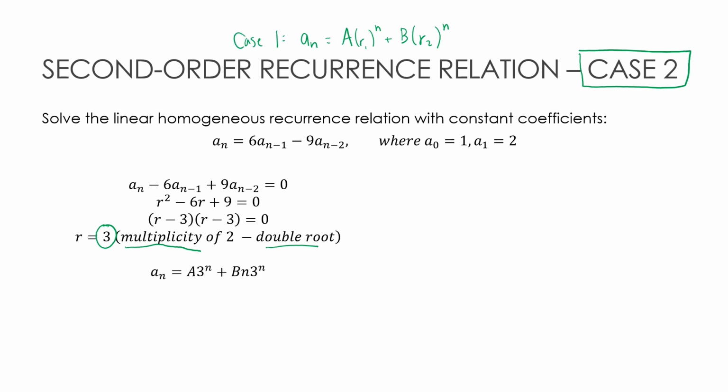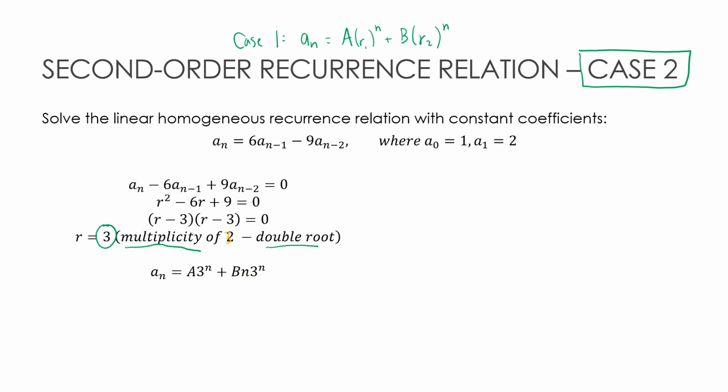So case 2 says, okay, it's almost exactly the same, but what you'll notice is because it was a double root, my second root has to include n. If there was a third root, let's say I had a multiplicity of 3, or a triple root of 3, then it would be c n squared 3 to the n. So we can see what that pattern would be.